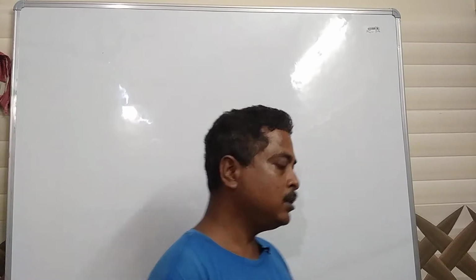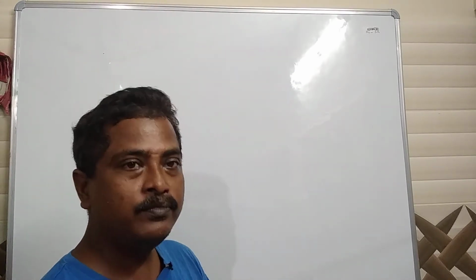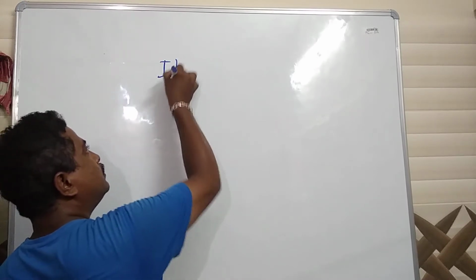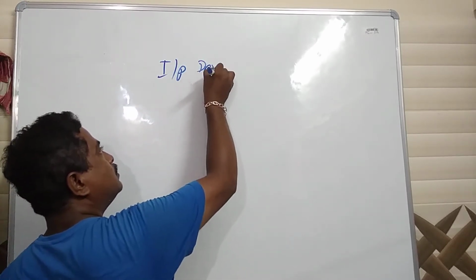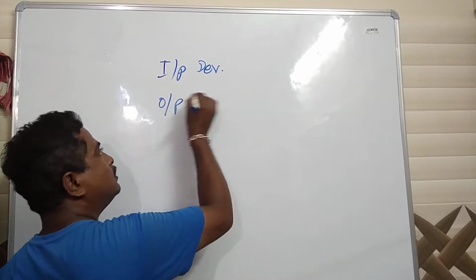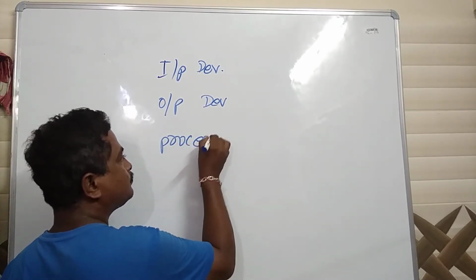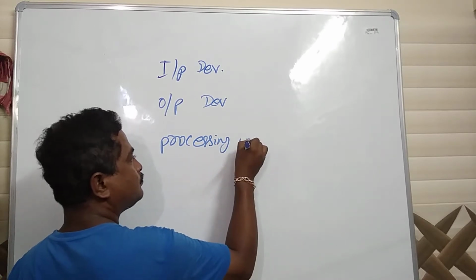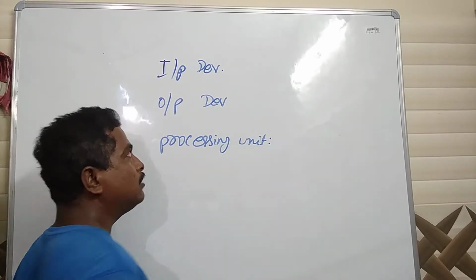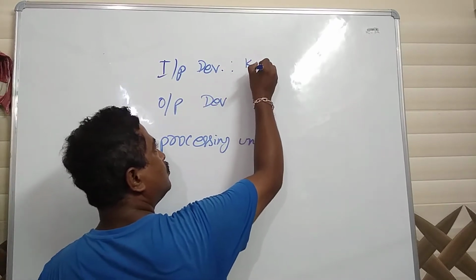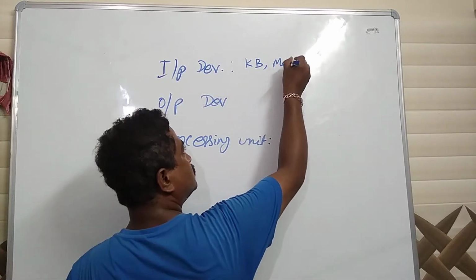So in a computer also we have the same three things: input devices, output devices, and processing unit. Now in a computer the input devices are keyboard and mouse.